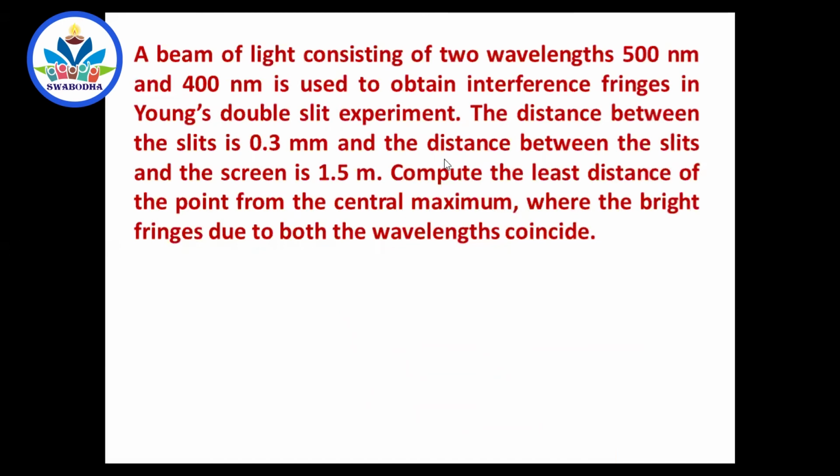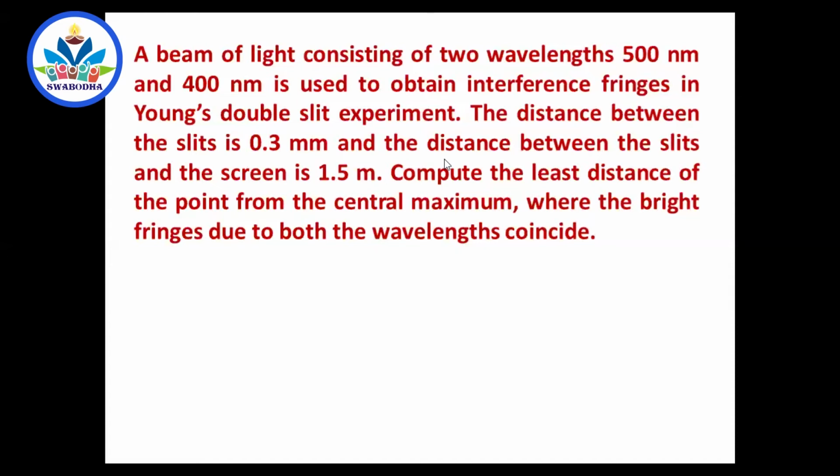A beam of light consisting of two wavelengths, 500 nanometer and 400 nanometer, is used to obtain interference fringes in Young's double slit experiment. Oh, they are using two wavelengths. Actually, an interference experiment has to be done with a single wavelength, and that light has to be divided into two parts using two slits.